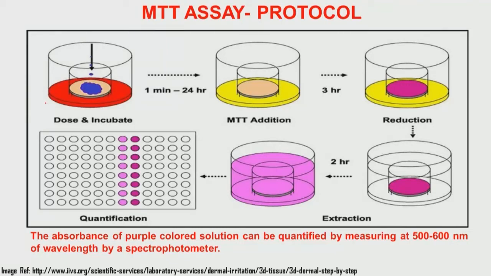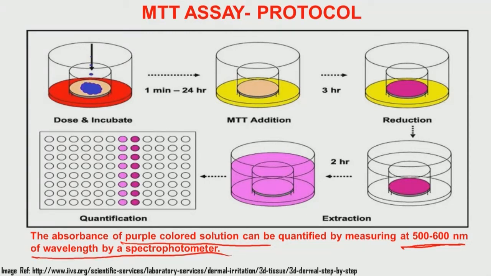Once it is reduced, you can extract it and put the extracted solution into the 96 well plate, and then you can have a blank or control sample, and then the actual test sample. The absorbance of the purple colored solution is then quantified by measuring the absorbance in a particular range, that is 500 to 600 nanometer wavelength, by a spectrophotometer.